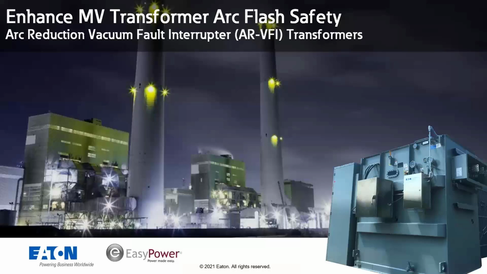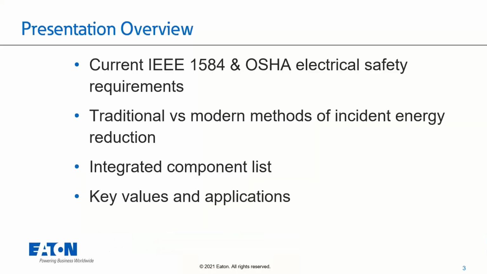So to start off, I'll first talk about the IEEE 1584, the initial 2002 edition, and then some of the updates and how they are impacting our systems today and some of the new models in the 2018 edition. And then also talk about some of the OSHA electrical safety requirements in regards to PPE.